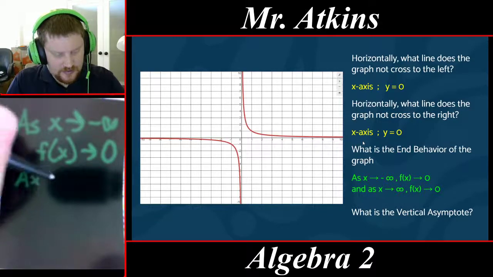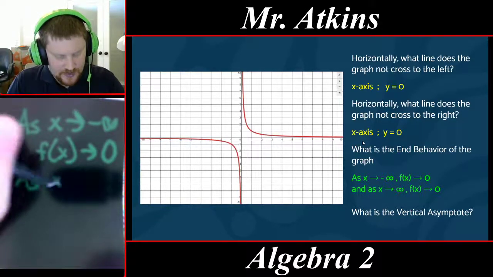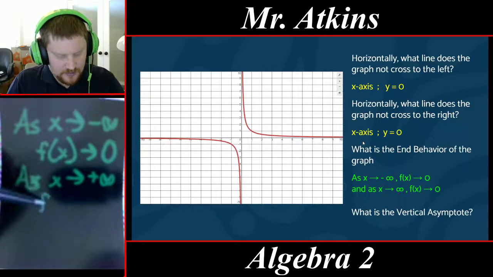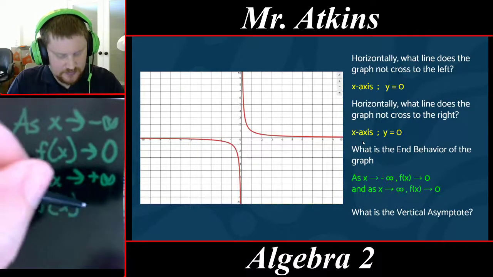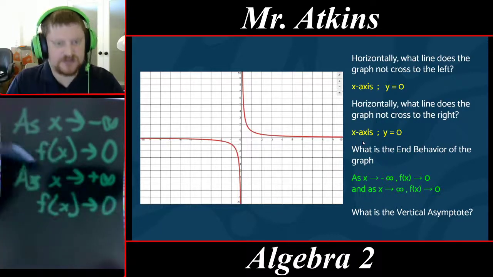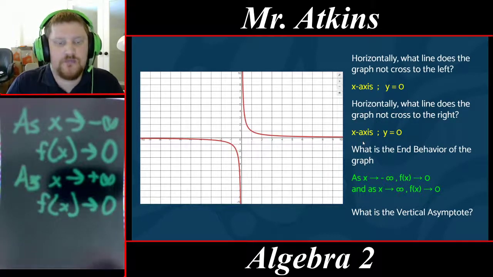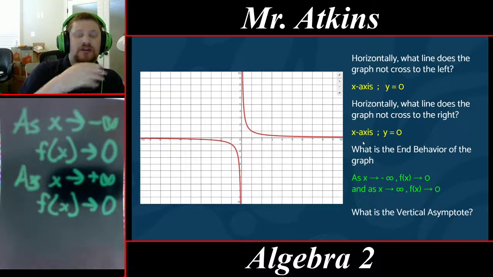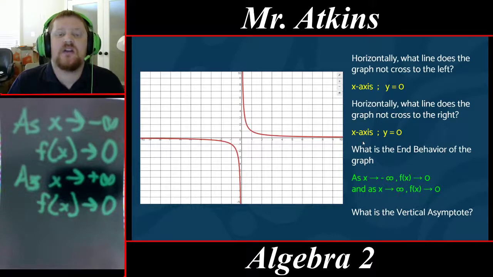As x approaches positive infinity, f of x is also approaching 0. So that's the end behavior when you have asymptotes. If it keeps getting closer to a number but doesn't actually cross it, that's what your end behavior looks like.